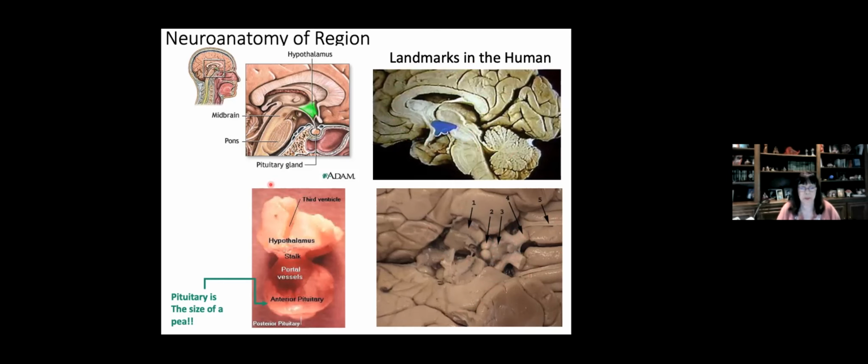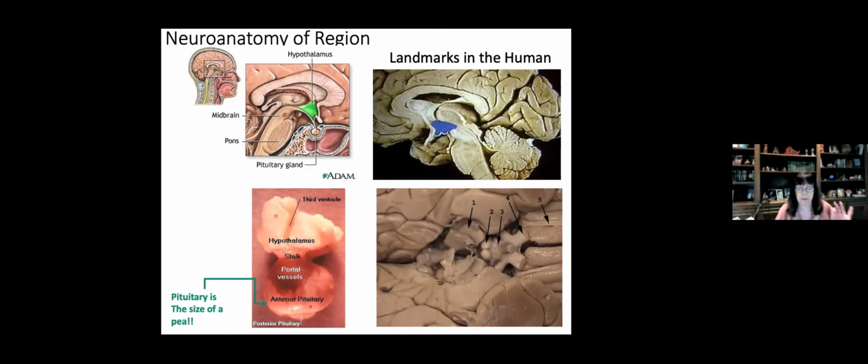Now I show you this picture because I want to impress upon you the fact that all of the things I'm going to talk about, which are pretty important to our quality of life, are regulated by this very small unit. The pituitary itself, which I'm defining here, is connected to the hypothalamus by a stalk, and it's about the size of a pea.